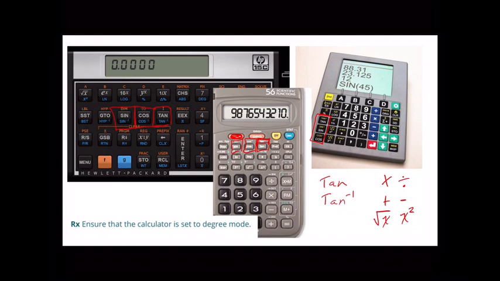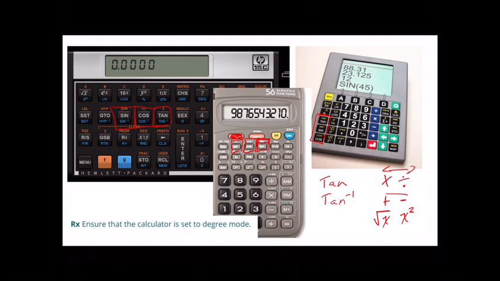Tan and inverse tan, sine and inverse sine, cos and inverse cos are all opposite functions. They're like going in opposite directions, or going back again. So make sure your calculator has these things.